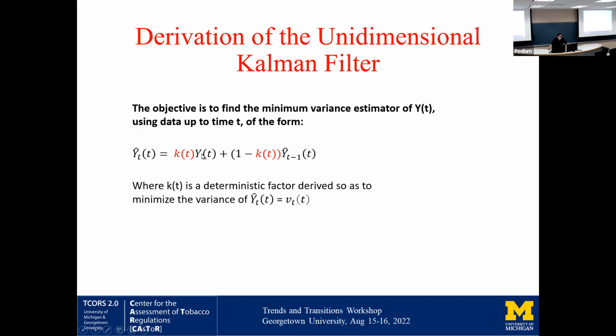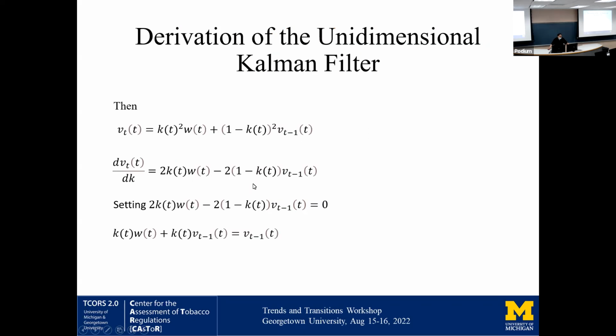You remember from basic stats, the variance of a constant times a random variable is the constant squared times the variance of the random variable, and so on and so forth. So the computation of the variance becomes this one. And then I take derivatives with respect to k and make that equal to 0, to get the minimization conditions, right?